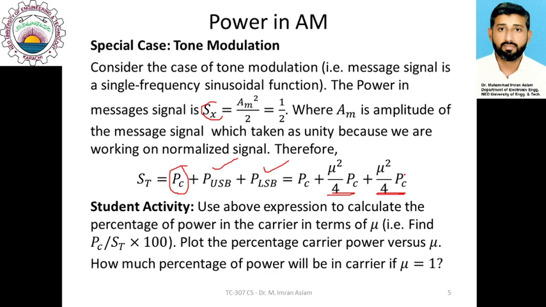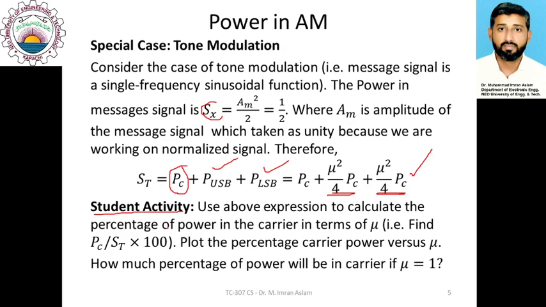In order to see the effect of the modulation index mu on the distribution of power between the carrier and the sidebands, I have made a simple activity. You can use MATLAB or any other software to calculate this type of expression. We know St is given by this expression.